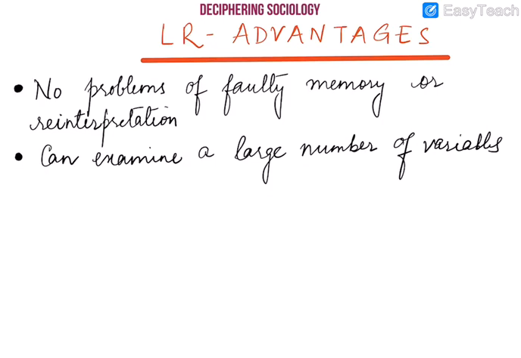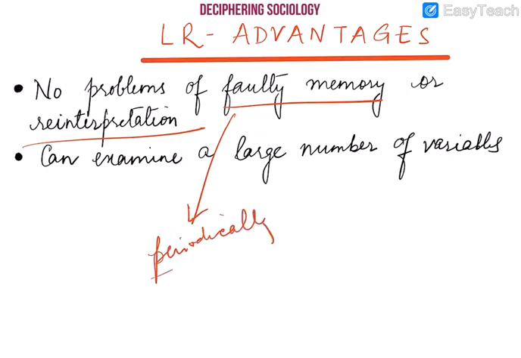The advantage of longitudinal research is that there is no problem of faulty memory or reinterpretation. Why? Because the data is being collected periodically, so the respondent does not have to remember what happened in week 1 or week 2, because I as a researcher have already collected that data.